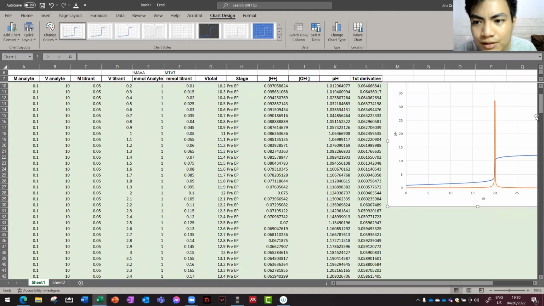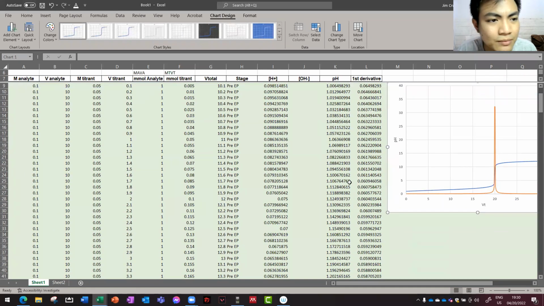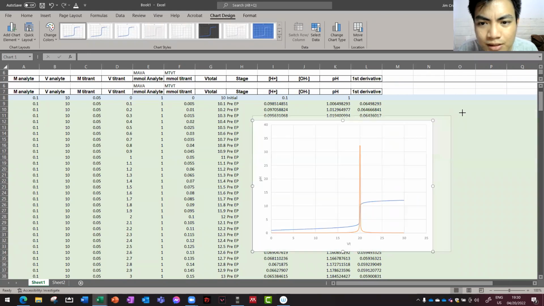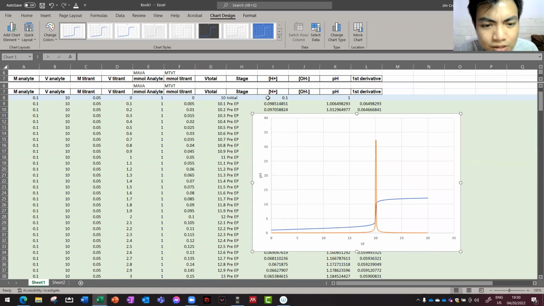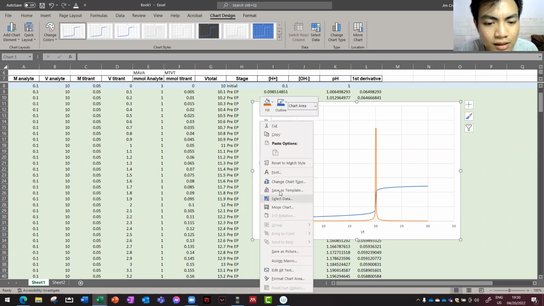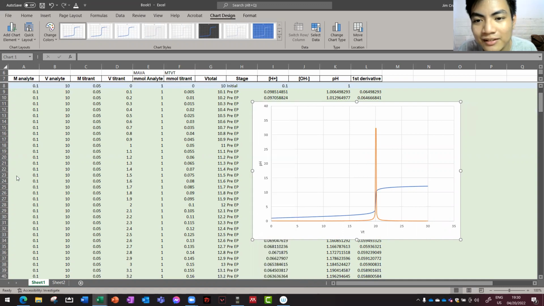And now, since we have a very high derivative at equivalence point, your chart will look like this now. So it will seem like the question on 14. So in order to correct the range of the chart, you're going to press right click, and then alin dito, the format chart area.